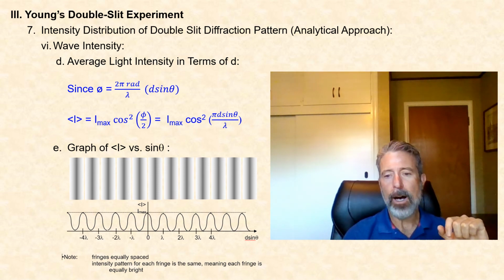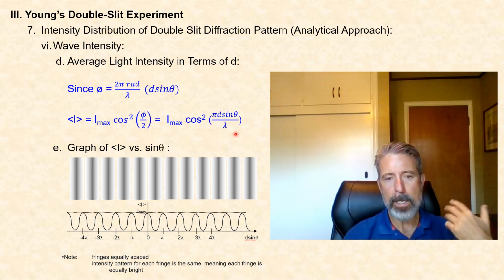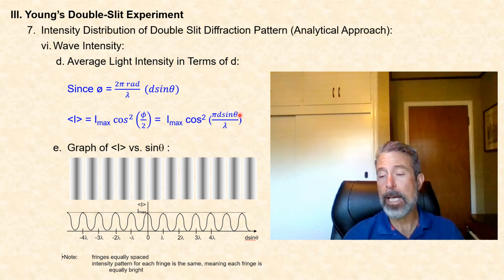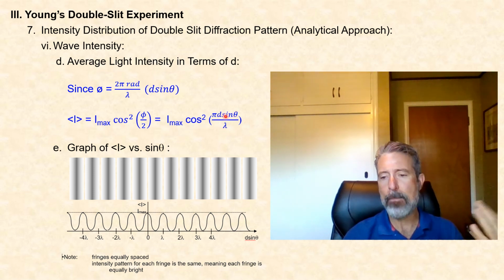I want to point out that when the argument of this cosine squared term, when d sine theta is equal to m times lambda, remember that is the condition for constructive interference. So let's do this in our head. If d sine theta is equal to m times lambda, then we get pi times m times lambda divided by lambda, which is pi times m, where m takes on an integral value.